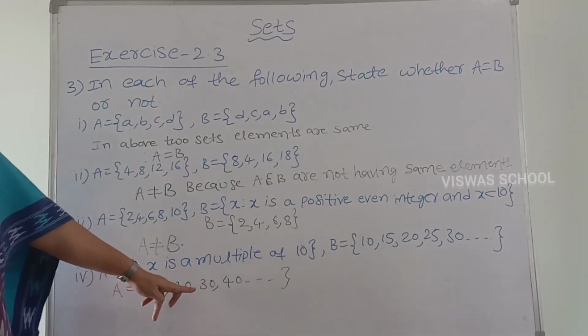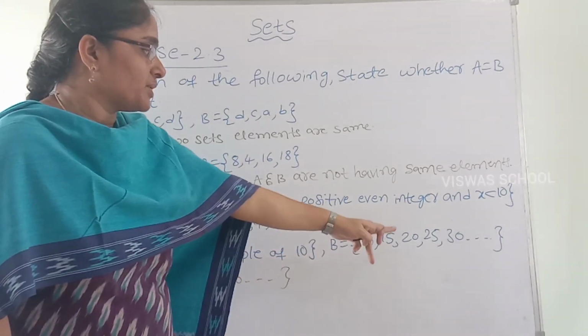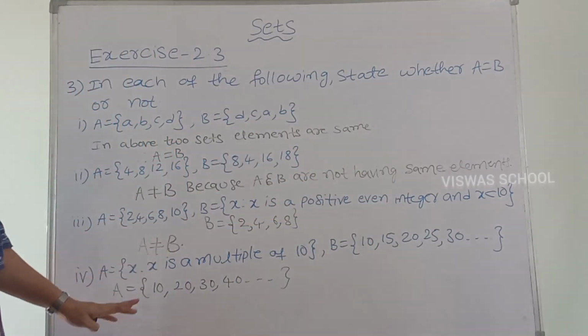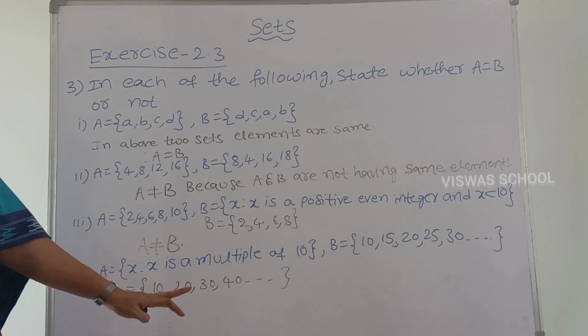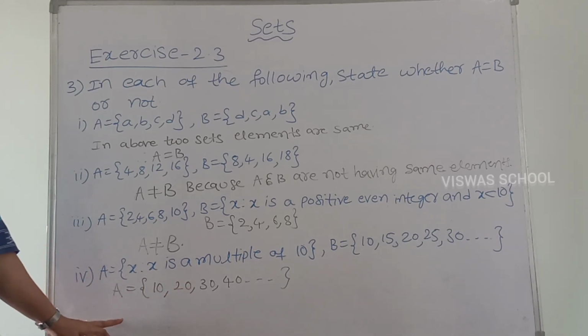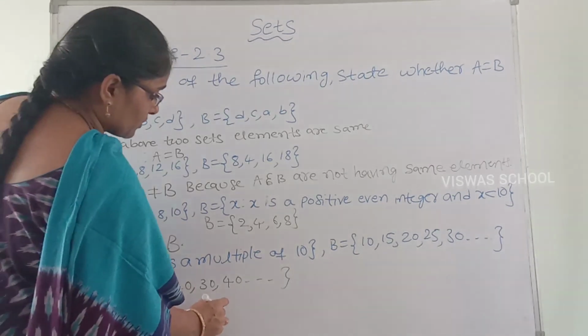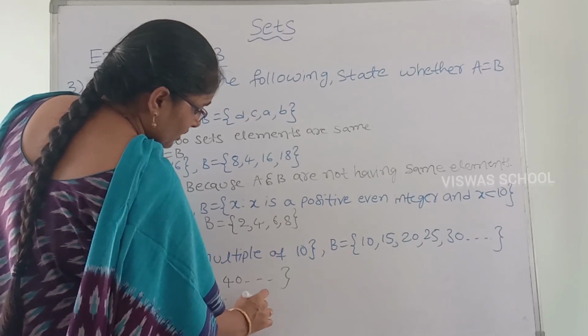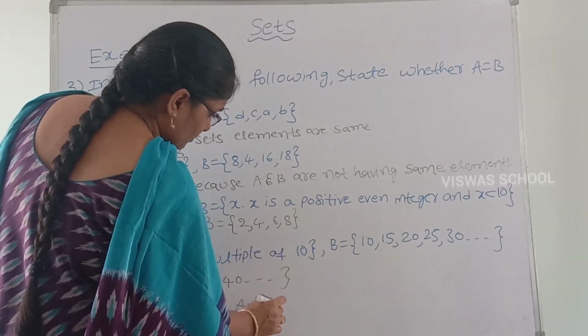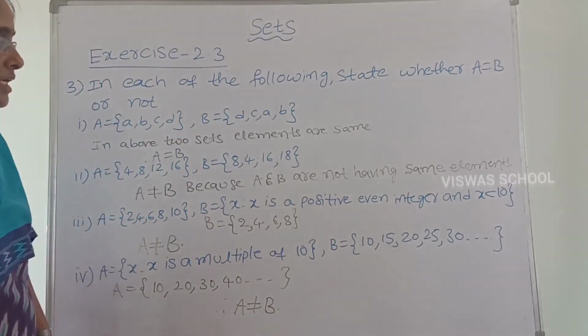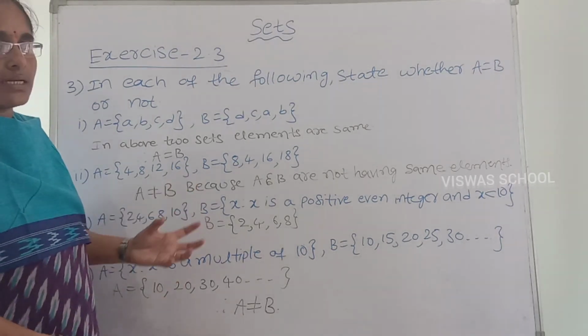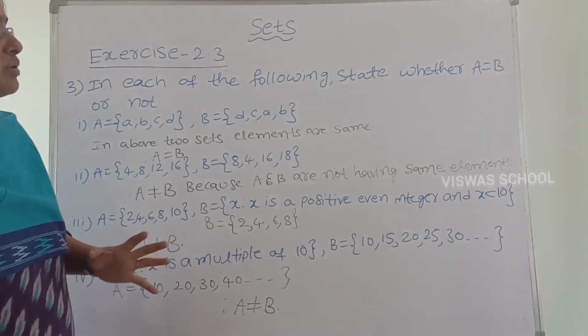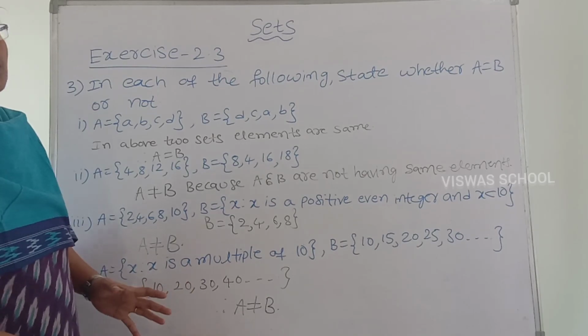Once you see, 10, 20, 30, 40 here, and 10, 15, 20, 25, 30 there, set A and B do not contain the same elements. Therefore, A is not equal to B. If both sets contain the same elements, then only those sets are equal.